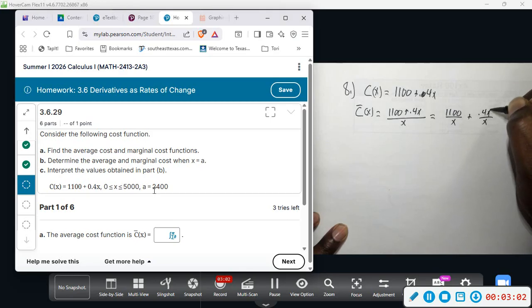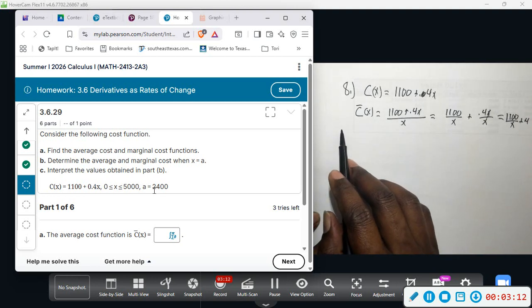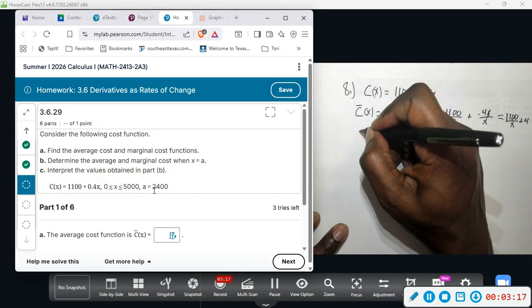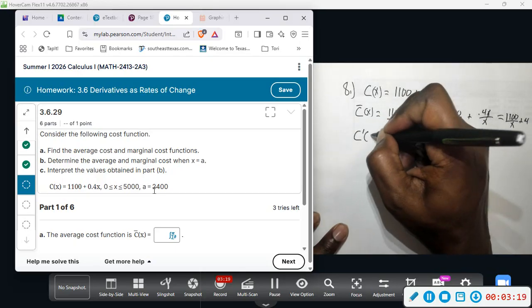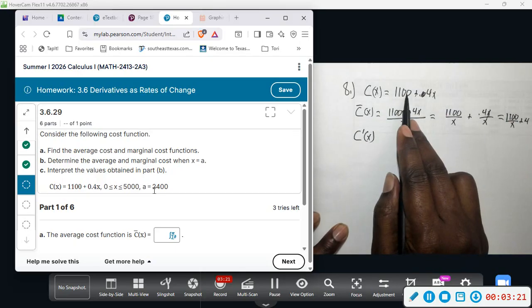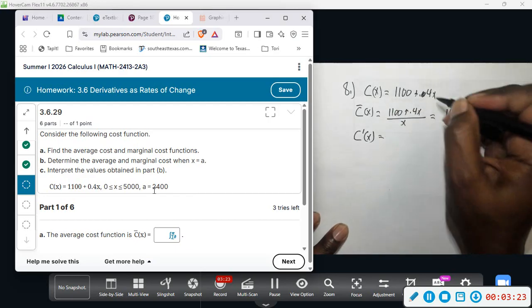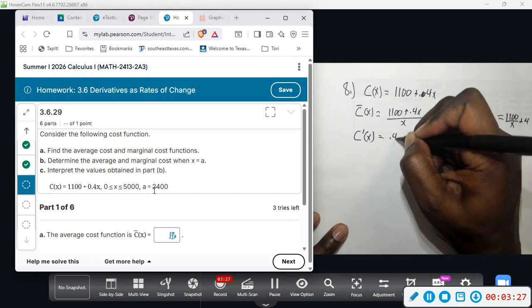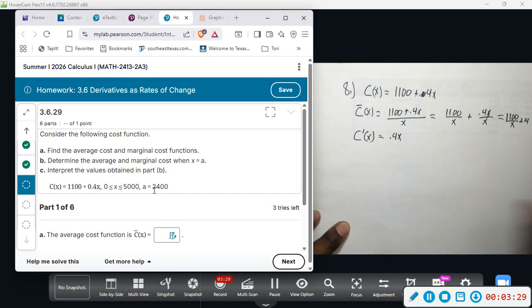And then when the x divides out, you'll just be left with 1100 over x plus 0.4. And if we were to just take the derivative, that would give us the marginal function, C prime of x. Derivative of a constant is 0. Derivative of this, we would multiply by 1, and that would just leave us 0.4. Okay, so this is the first part.